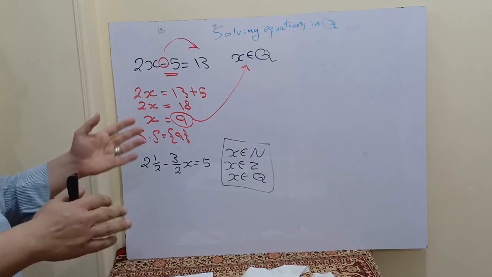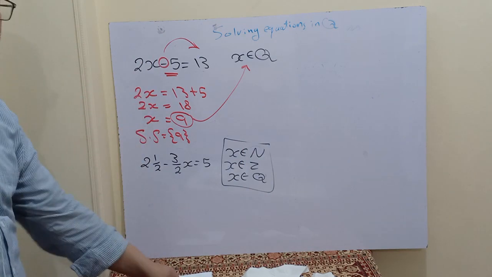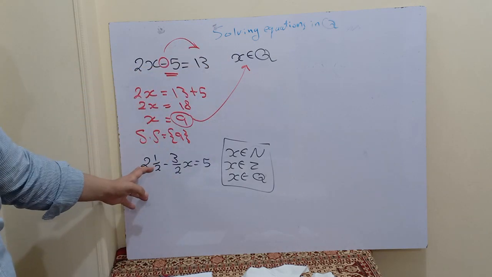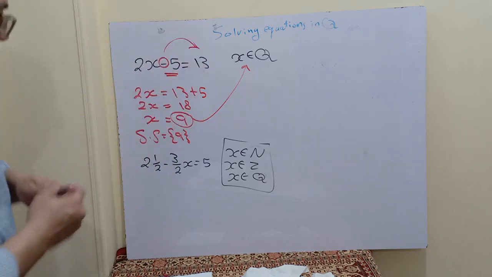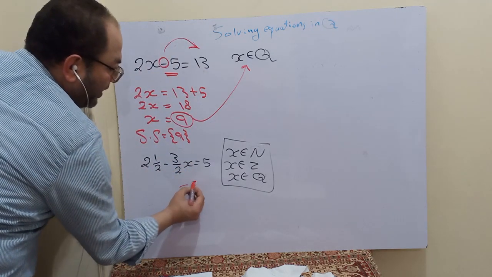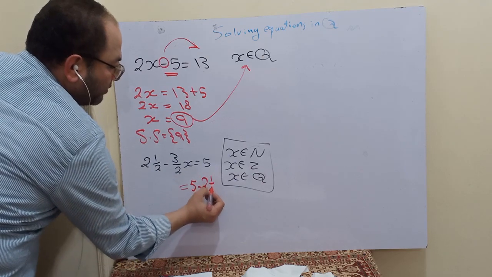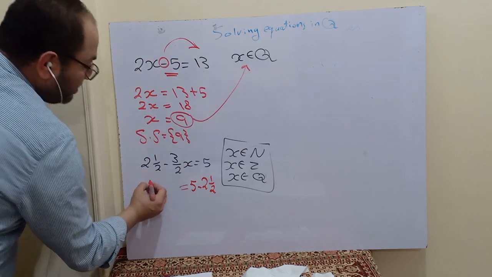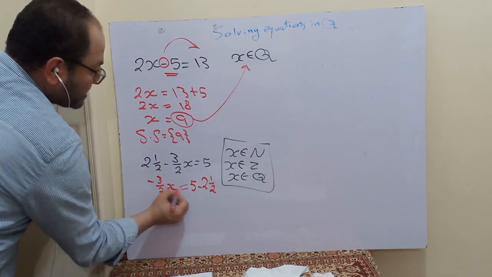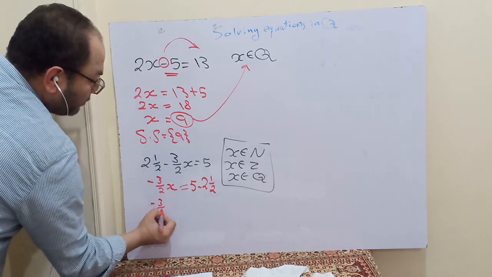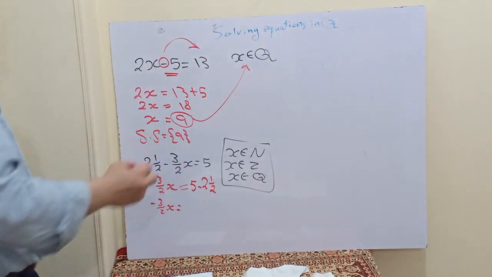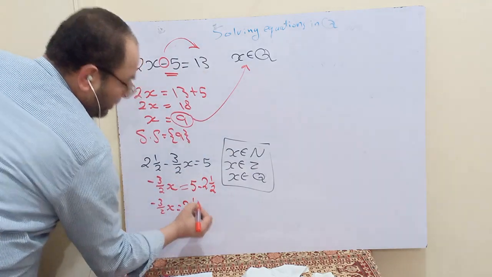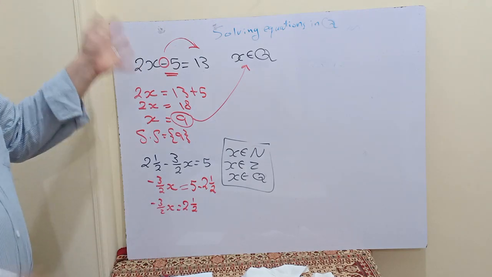We collect the numbers on one side and the variables on the other side. 2.5 will move to the other side, but this number is positive, so it becomes negative. Then on this side we write 5 - 2.5, and the -(3/2)x stays on the first side. So -(3/2)x = 5 - 2.5 = 2.5.